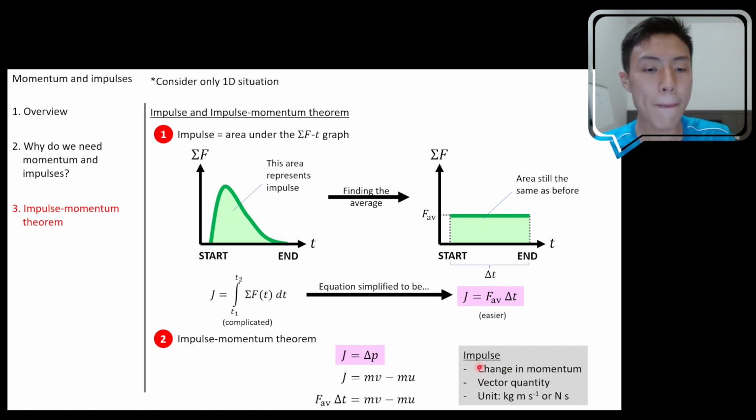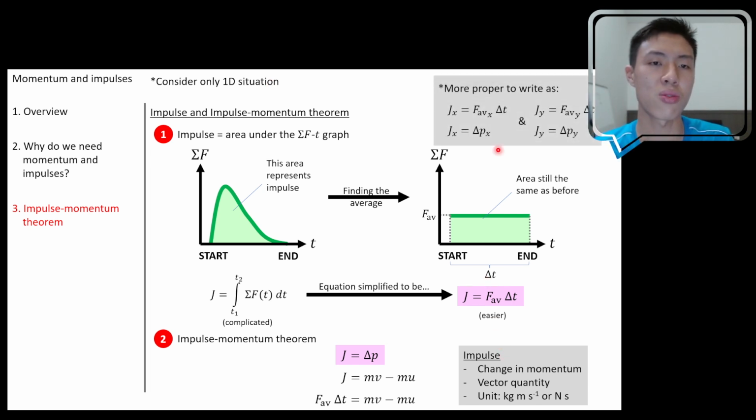Impulse is actually a vector quantity. But all my explanation here has been treating it as a scalar because I've been considering 1D situation only. There's no x and y involved. If you really have to consider 2D situation, then you have to split into components. So the impulse in the x component is equal to the average force in the x component multiplied by the duration.